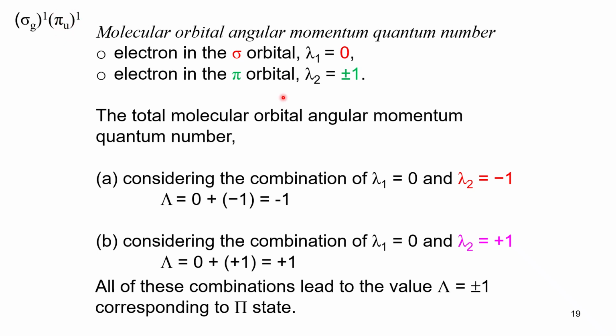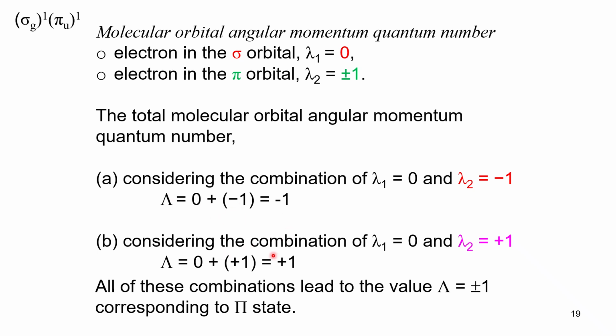Therefore, lambda 2 can be either plus 1 or minus 1. For the total molecular orbital angular momentum quantum number, considering the combination of lambda 1 equals 0 and lambda 2 equals minus 1, the capital lambda has the value of minus 1.